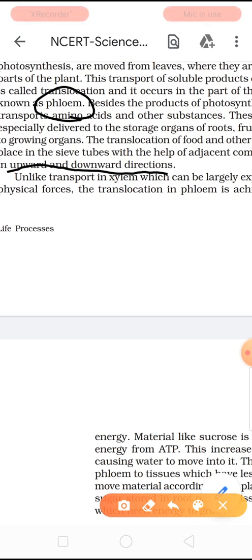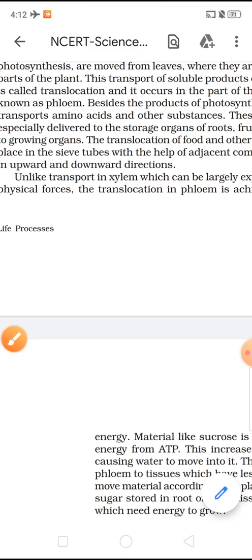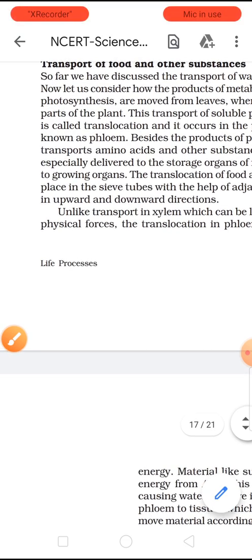But phloem will transport food and amino acids in either upward direction or downward direction. So phloem is a bidirectional tissue, you can say, and xylem is a unidirectional tissue. Understood? Yes. Now let's move.